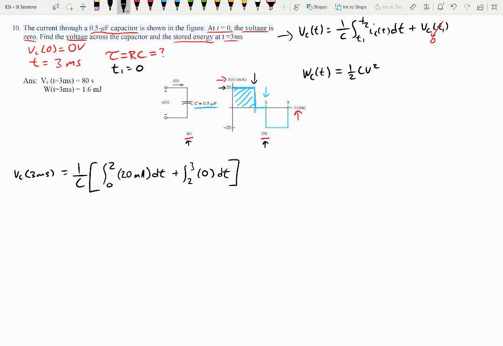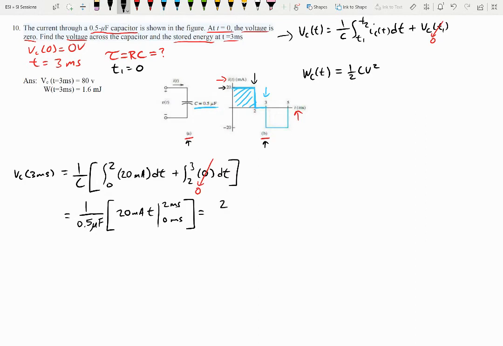So if we integrate this, this value here is just going to drop out and go to 0. But then over here, we'll have 1 over our capacitance value, which was 0.5 microfarads. If we integrate 20 milliamps, we'll have t, from 2 milliseconds to 0 milliseconds.